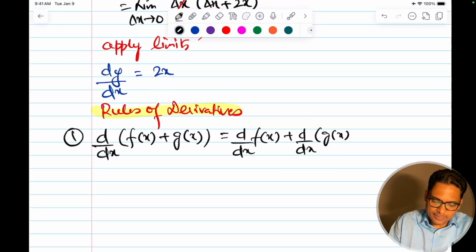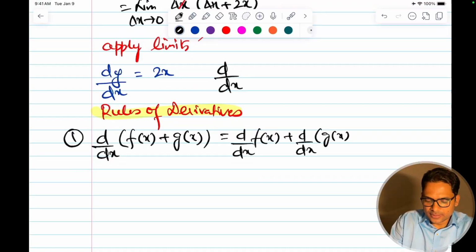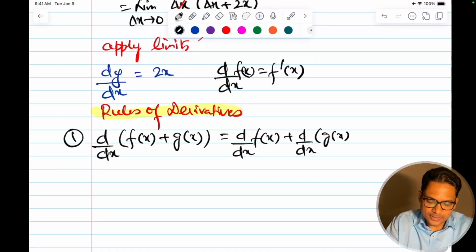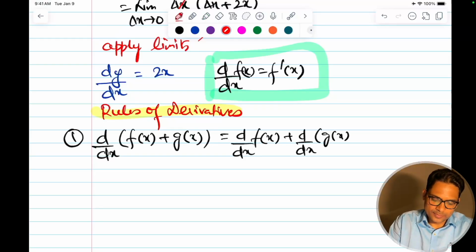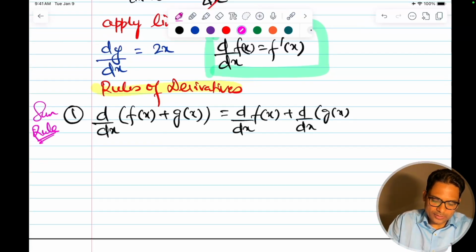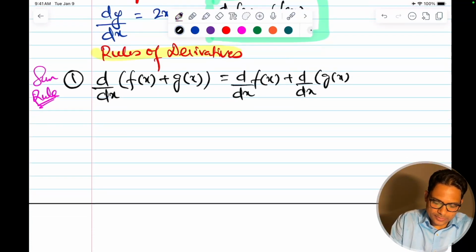From now on I will write d by dx of f of x as f dash x. This is also a valid symbol, so instead of writing such big formulas, I'll write the small one. So this is called your sum rule. Simple. Then the next rule.